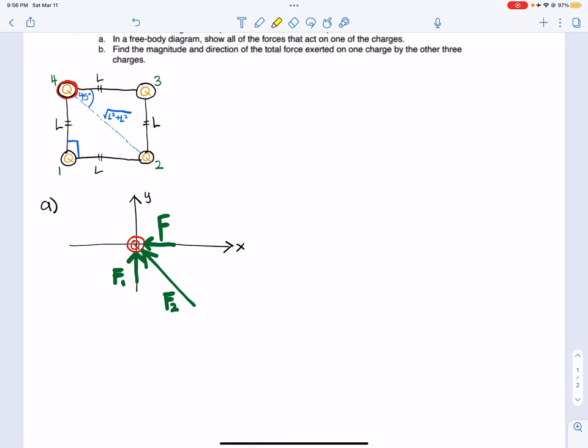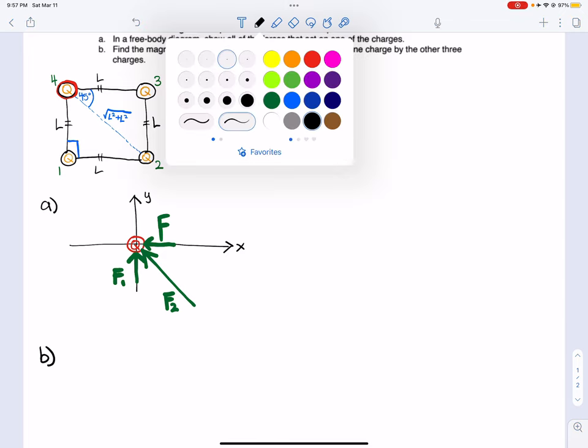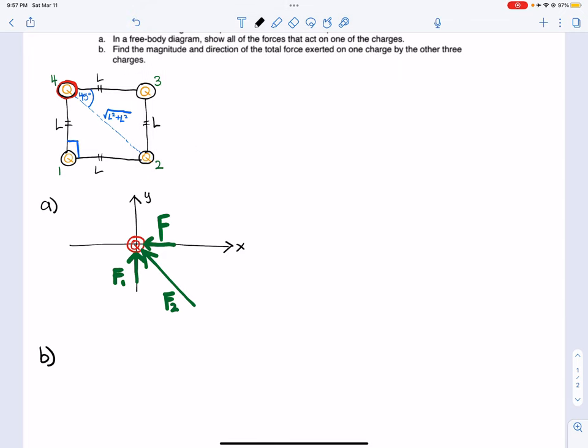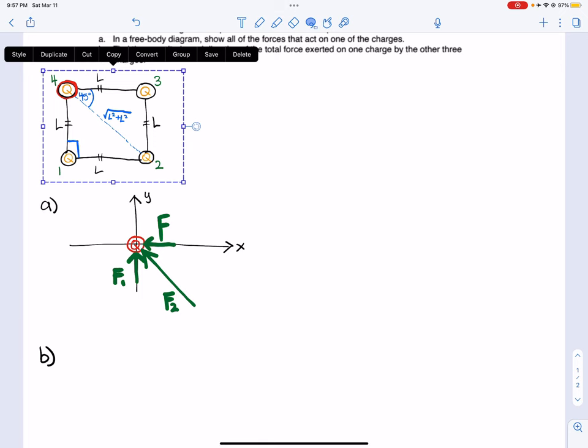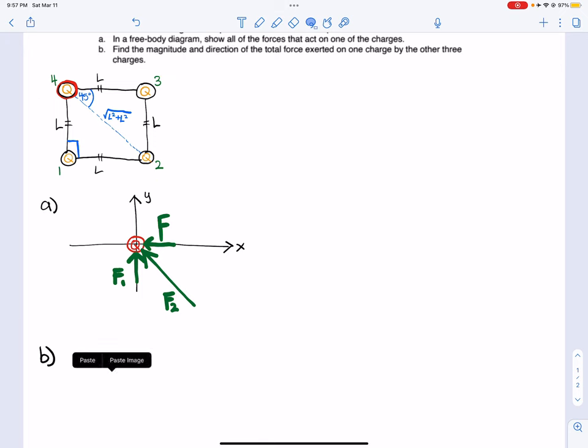All right. Part B, find the magnitude and direction of the total force exerted on one charge by the other three charges. Okay. So for part B, I can simplify things actually by taking this guy, I will copy that and paste.